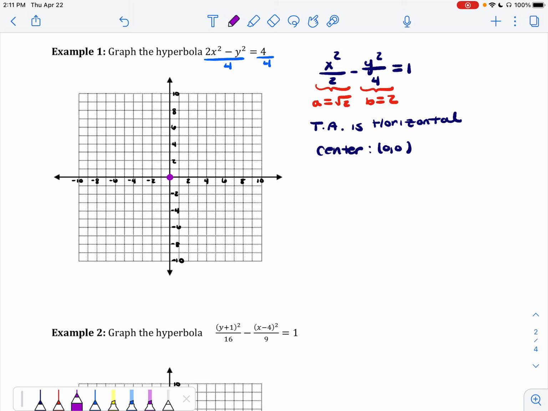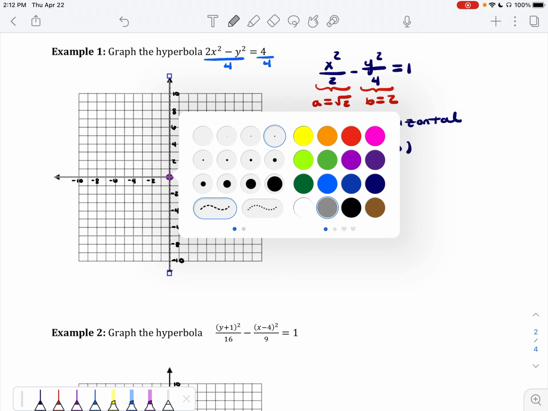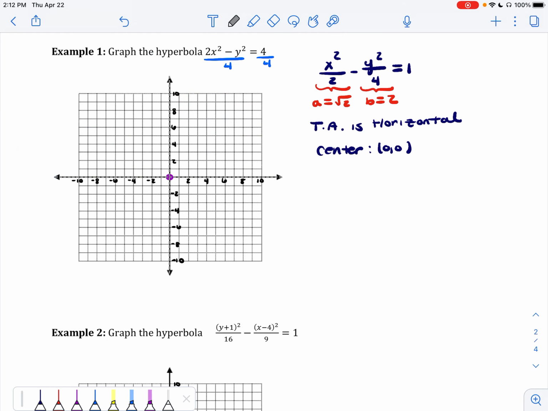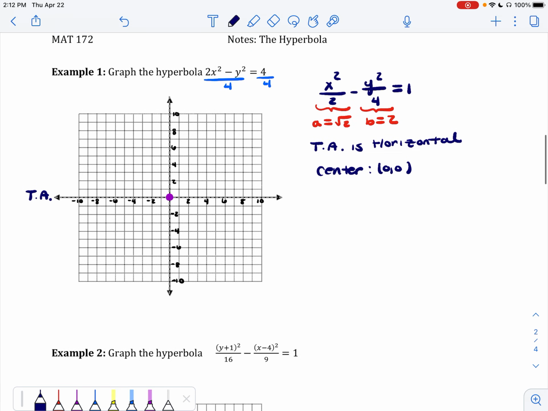So we have our center at 0, 0, and our transverse axis is horizontal, which means our conjugate axis is vertical. Okay, so this is our transverse axis, the horizontal line that passes through the center, and the conjugate axis is the vertical line that passes through the center.